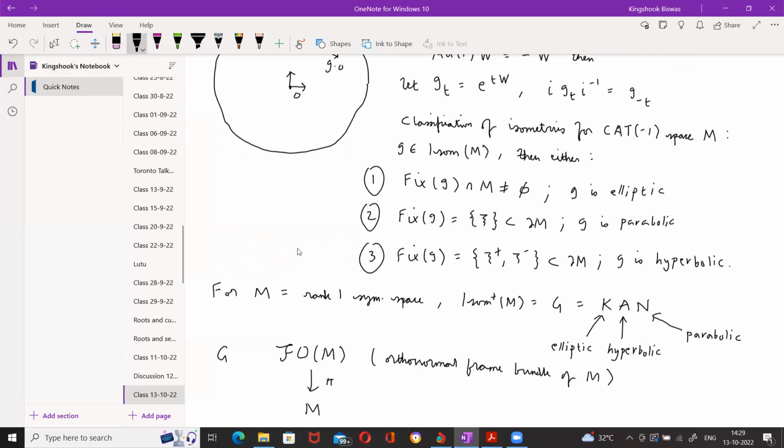For real hyperbolic space, it's equal to the orthonormal frame bundle. In general, G embeds into this orthonormal frame bundle.